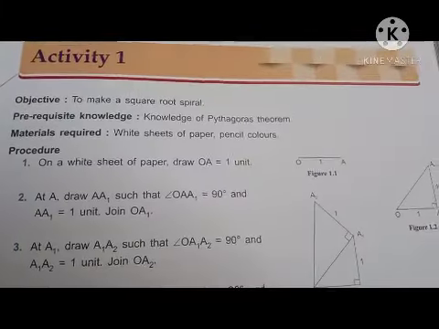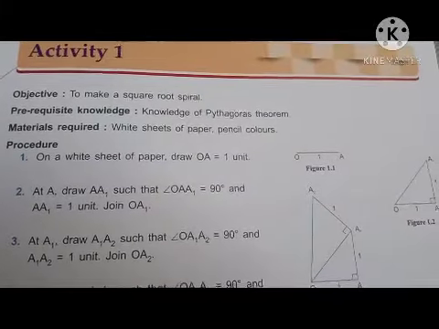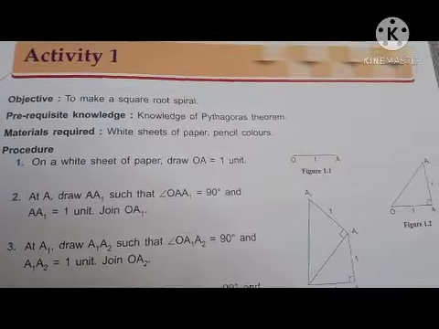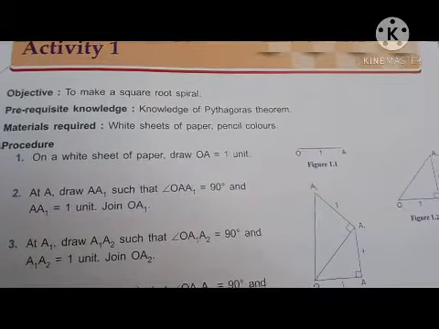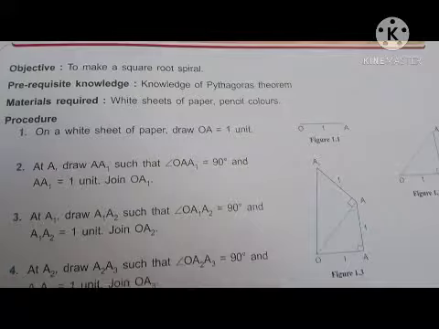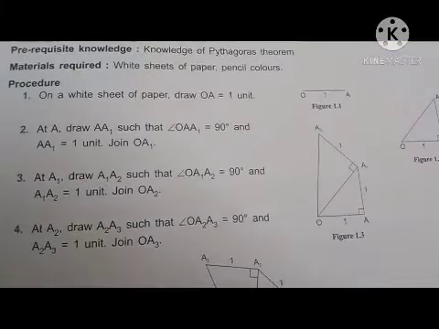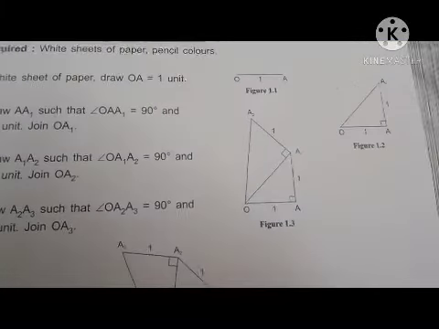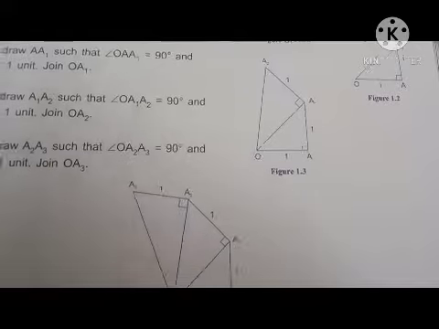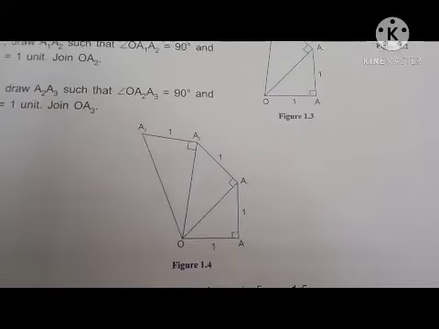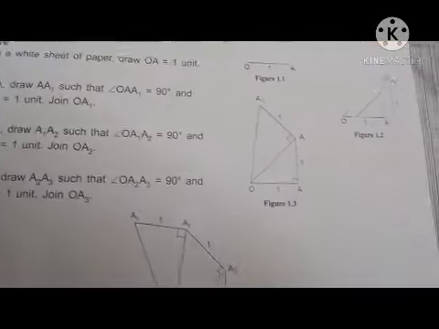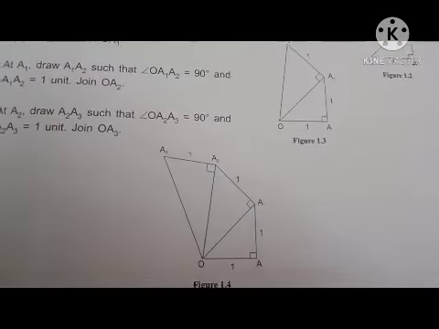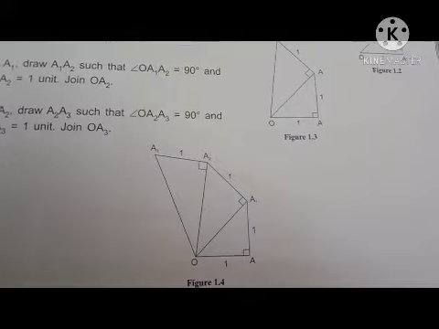This is activity 1, to make a square root spiral. This itself you have to write as your activity 1 in your record. All this you have to write on the ruled side, but these figures you have to draw on the other part, the unruled part.